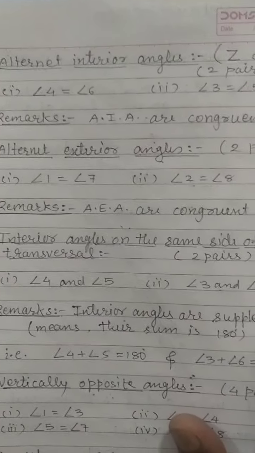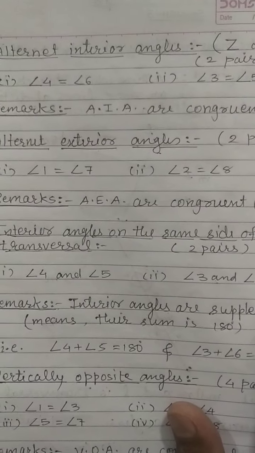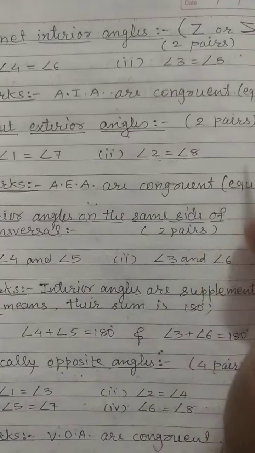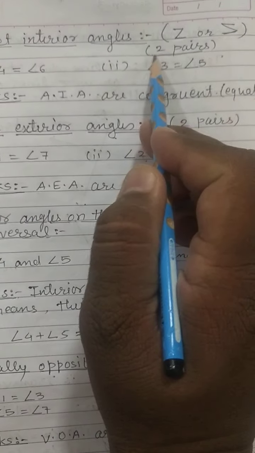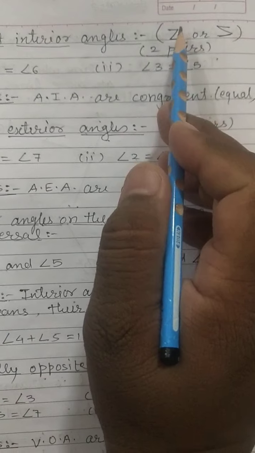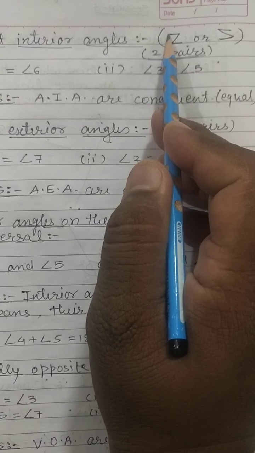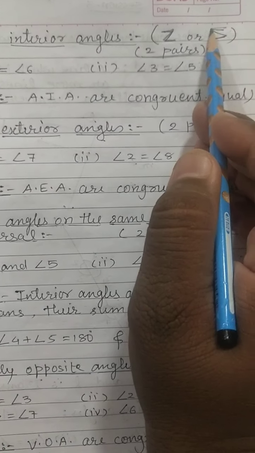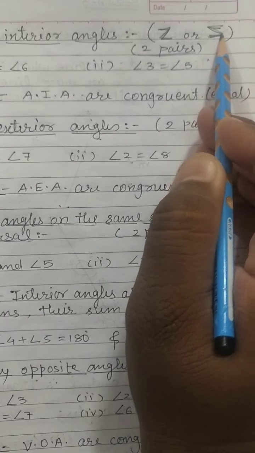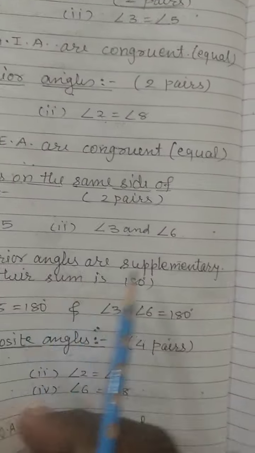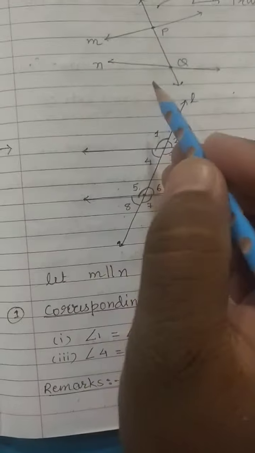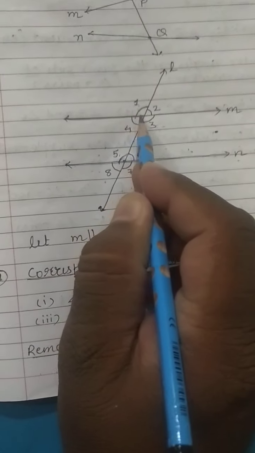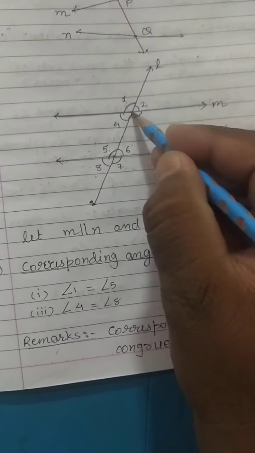Alternate interior angles. Now in alternate interior angles, two pairs are formed. See here, one pattern is given. Either straight Z or reverse Z is obtained. You can check. This Z is obtained here.